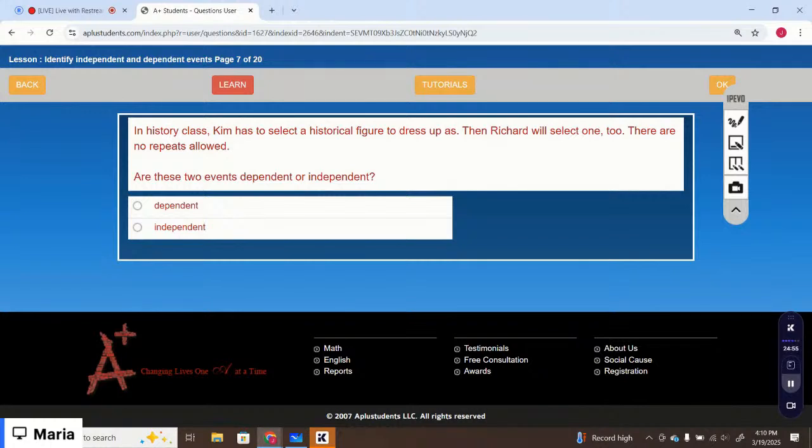That means they are dependent events, right? For example, the choice the first one selected, the second one cannot select that choice. We have one choice left. So that means they are dependent events. Okay, you can complete the lesson by yourself a little today. Let me just move on to the next lesson.